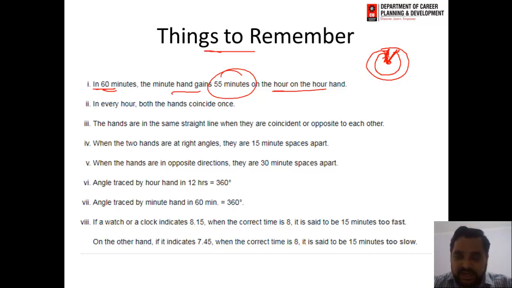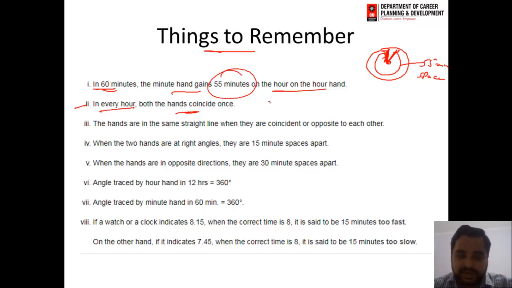It means in an hour the difference between the hour hand and minute hand is 55 minutes space, because 5 minutes space is also covered by the hour hand. Next is, in every hour both hands coincide once.